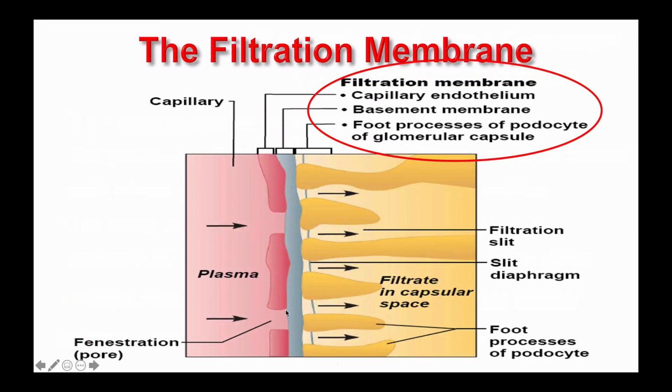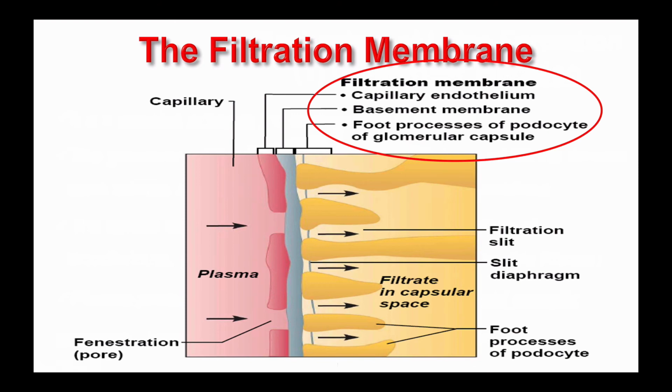Okay, so this is the filtration membrane. This is the capillary bed, that is the Bowman's capsule, and this is the inner aspect of the Bowman's capsule. Everything is blindly filtered by the process called osmosis.